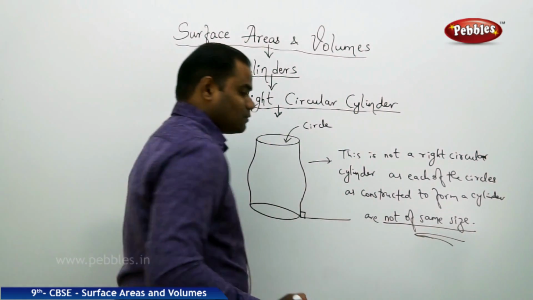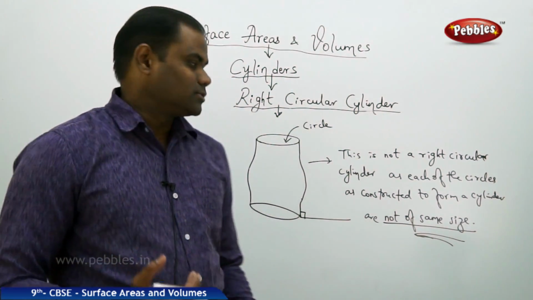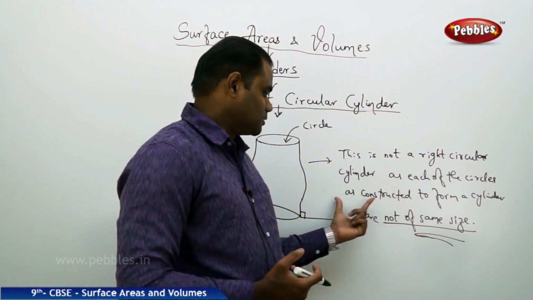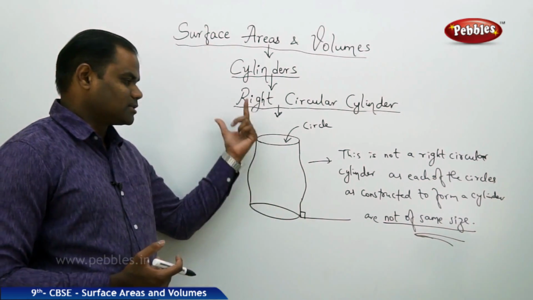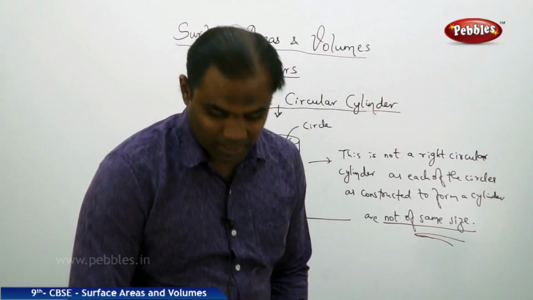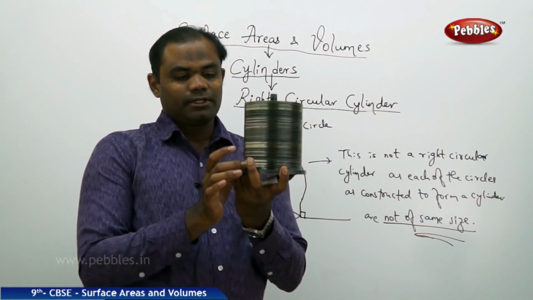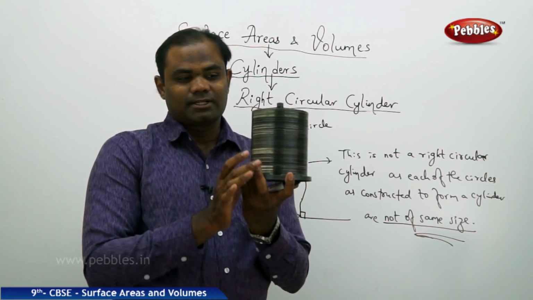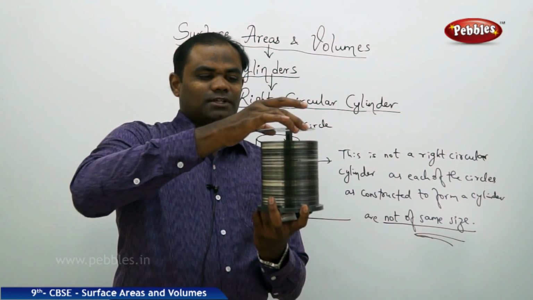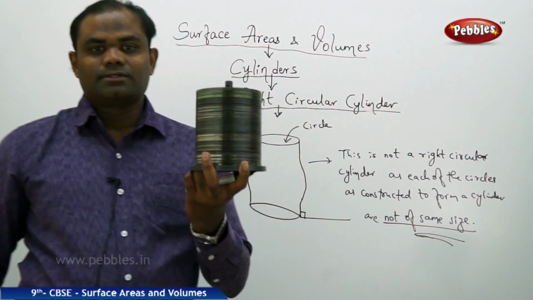This is the main reason why this cylinder does not become a right circular cylinder. They must be of the same size. This is a perfect right circular cylinder because each of the CDs of the same size is constructed to form a cylinder. Circles of the same size make a solid right circular cylinder.